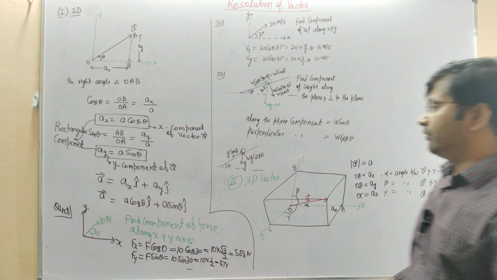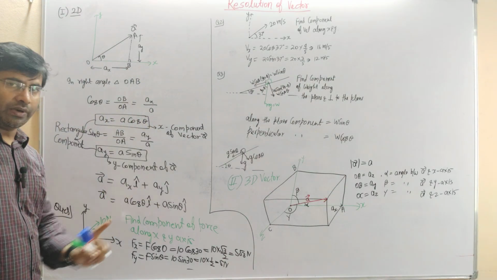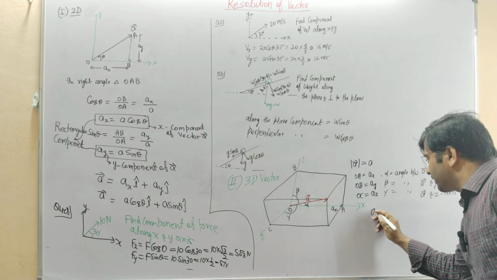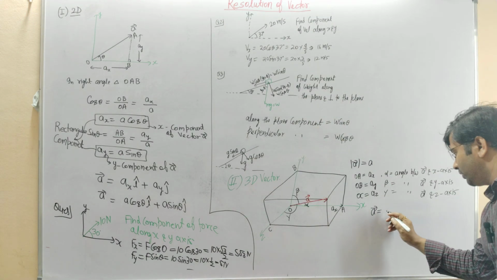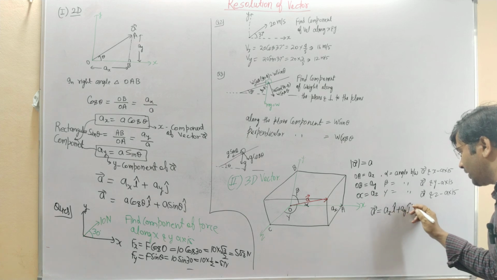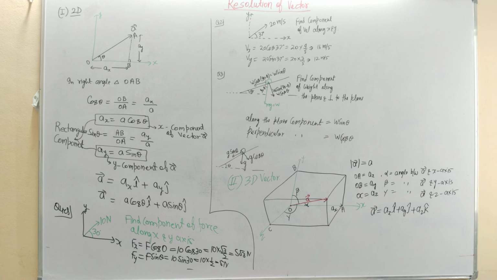So exactly the way I have written for 2D, A equals AX i cap plus AY j cap, similarly I will write here also. Here this vector A will be equal to AX i cap, AY j cap, and AZ k cap. This is a 3D vector. Now what will be the value of AX?